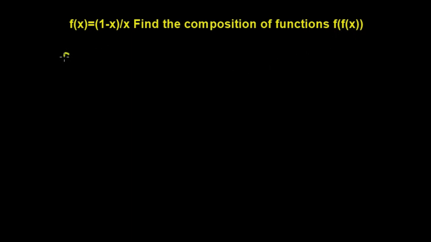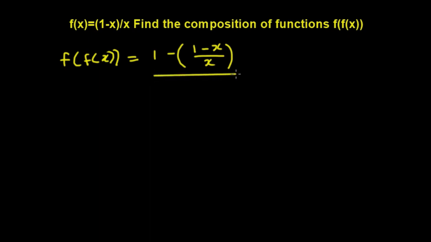So we could write then f of f of x is equal to, well, we're going to have 1, we're going to have minus. Now everywhere we see an x, we have to replace it with 1 minus x divided by x. So we've got 1 minus x divided by x. And that's all over the value of x.